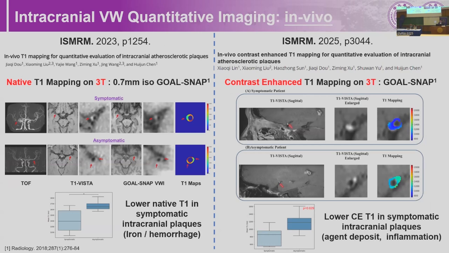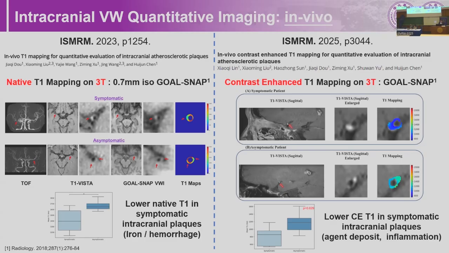But the problem is they are all ex vivo. How about in vivo? So we tried to use our previously mentioned GoSNAP sequence to quantify the intracranial artery in vivo. These are two abstracts. One is a native T1 mapping, and another is a contrast enhanced T1 mapping.